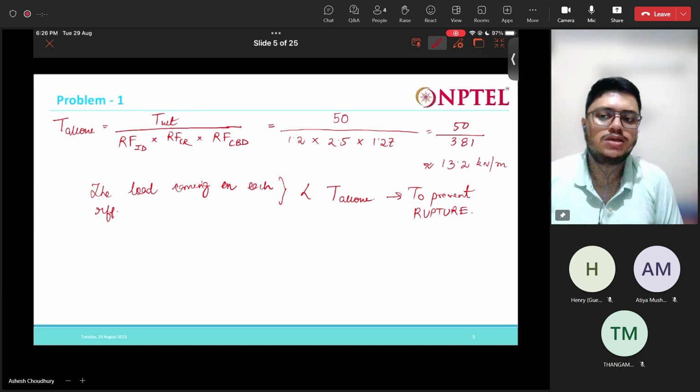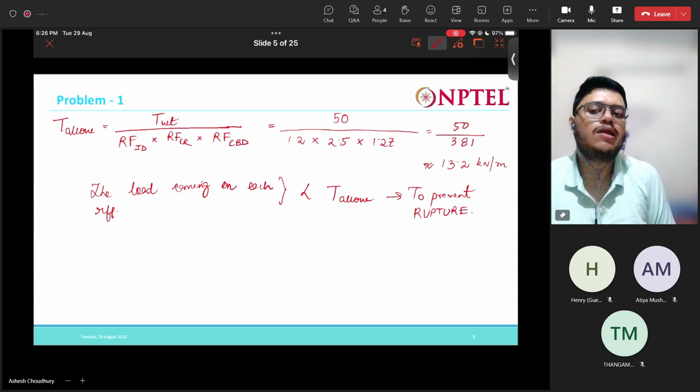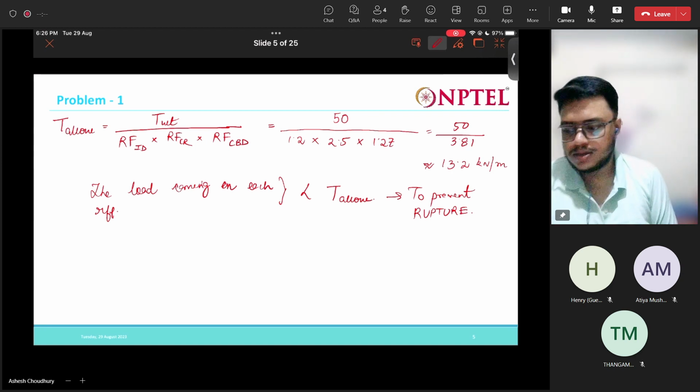The load coming on each reinforcement should be less than the allowable tensile strength to prevent rupture of the reinforcement, isn't it?